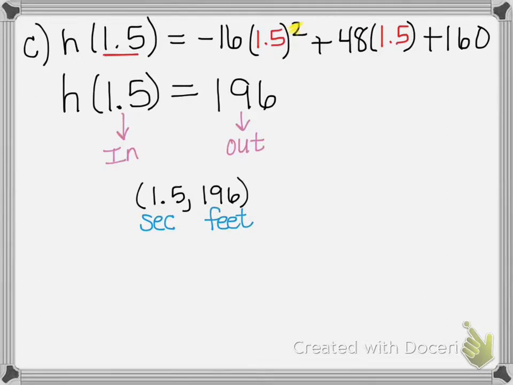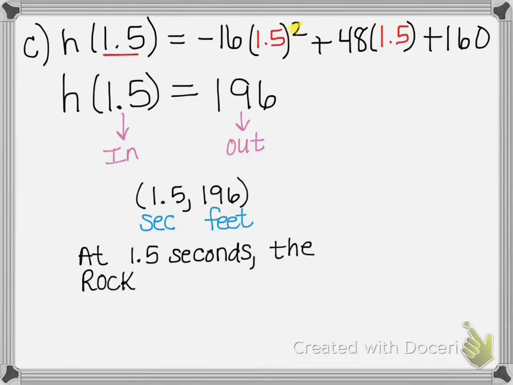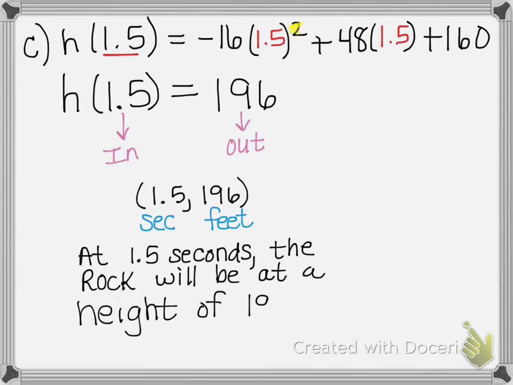So now I can go ahead and answer the question for part C. We were asked to find the height of the rock at 1.5 seconds. So we'll say at 1.5 seconds, the rock will be at a height of 196 feet above the ocean.